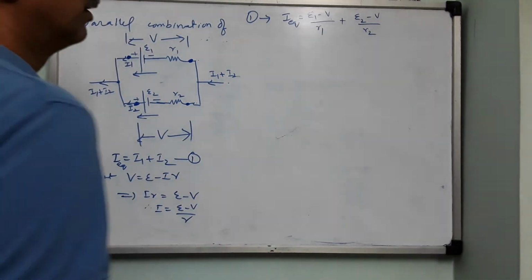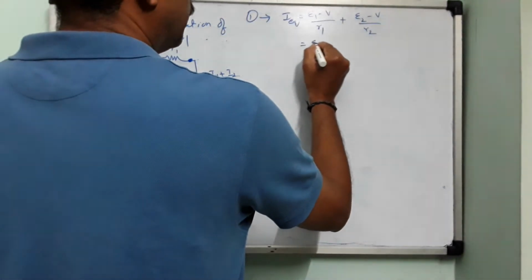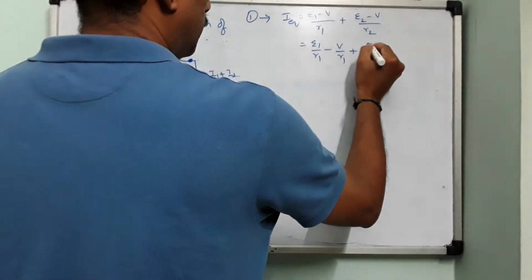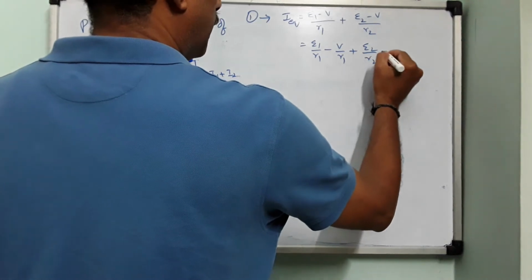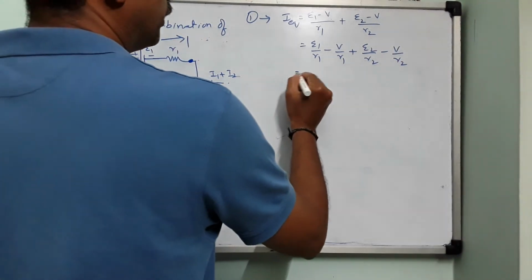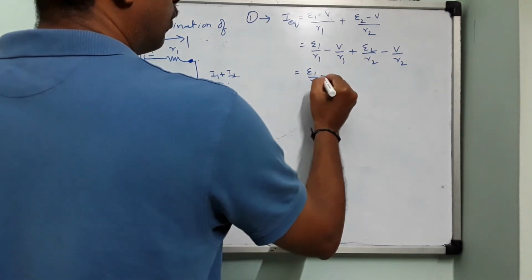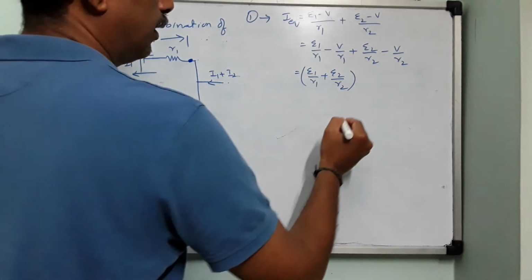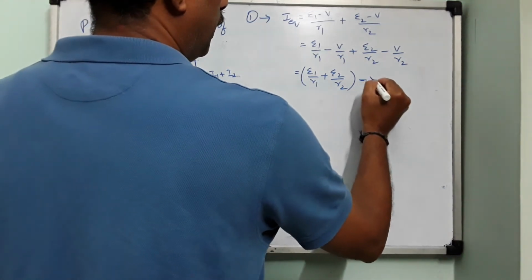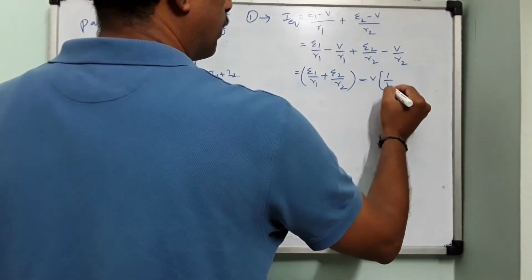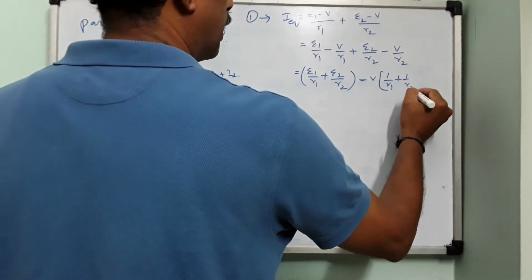Okay? Right. Now this will be E1 by R1 minus V by R1 plus E2 by R2 minus V by R2. Rearranging the things, E1 by R1 plus E2 by R2 together, minus V, which is common among these, times (1 by R1 plus 1 by R2).